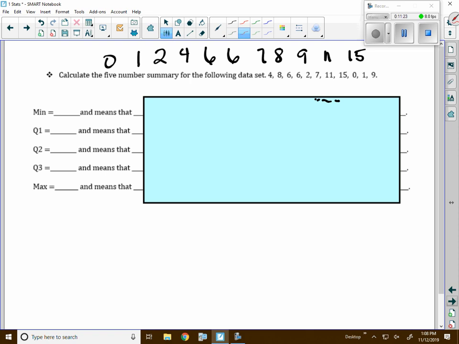Okay, once you have them in order, find quartile 2 first, which is your median. Don't worry about the explanation part. We're going to do that together. I want you to try to fill in these boxes. So go ahead and do the min, the max, and quartile 2.